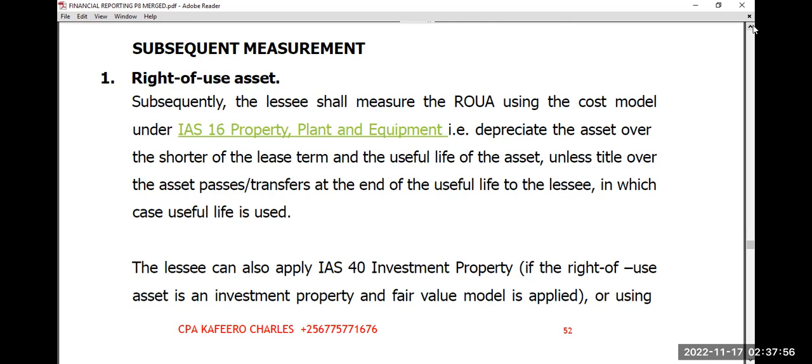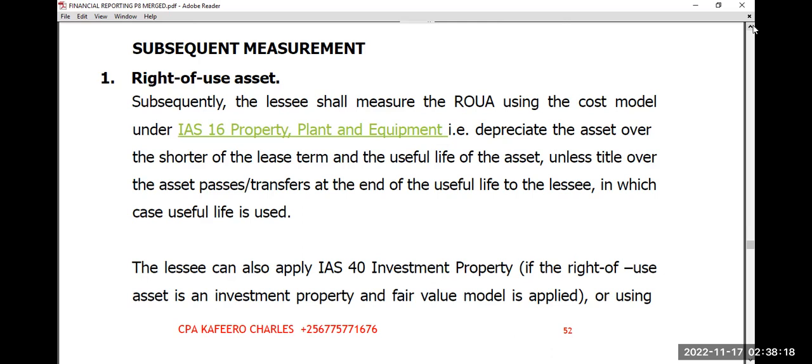we depreciate it in two ways. One, we use the straight line, but when you are depreciating this right of use asset, the useful life you are going to use should be based on two factors.